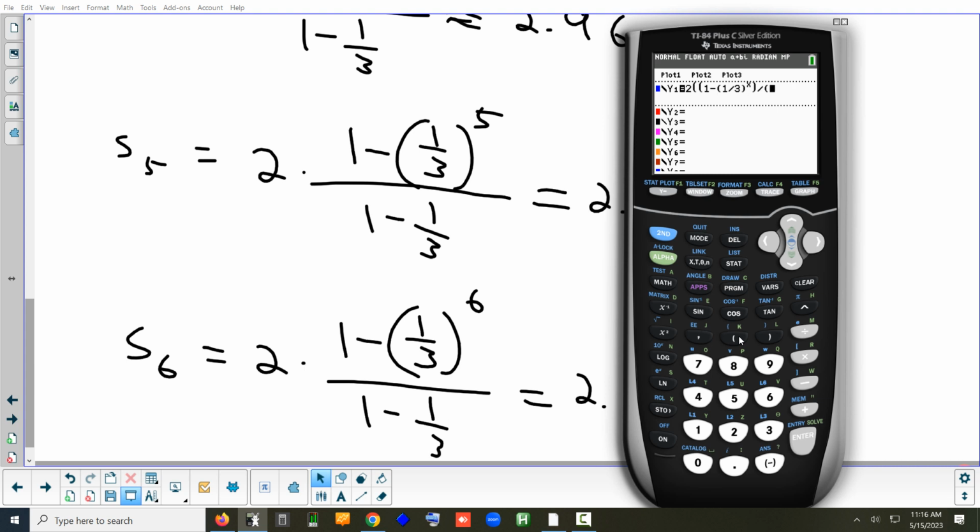What is 1 minus 1/3? 2/3. Close your denominator, and then close from when we open the 2 in front, and I think I did everything correct. Oh, let's check.